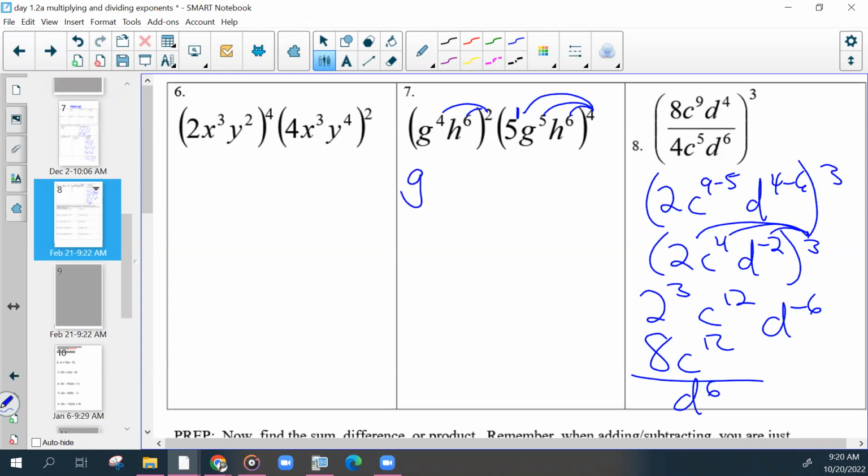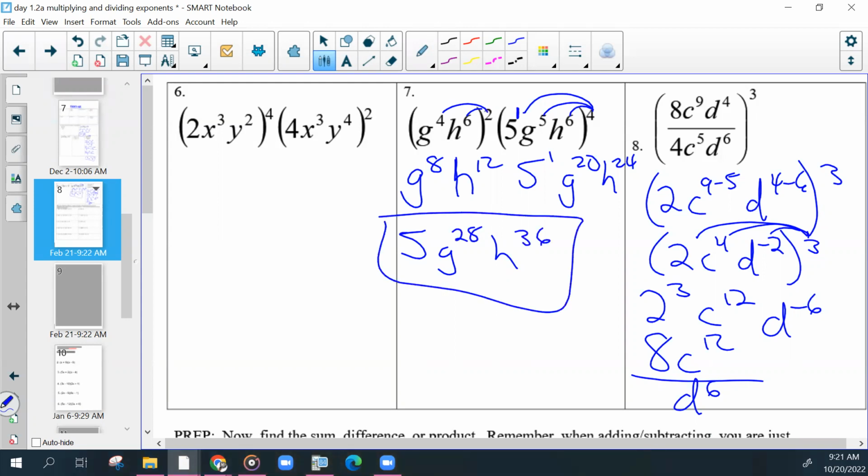So this would be G to the 8th, H to the 12th, 5 to the 1st, G to the 20th, H to the 24th. Make sure this is in standard form, so your number has to go in front. 5 to the 1st is just going to be 5. Add your exponents. What would your new exponents of G and H be? 28 for G and 36. 5 G to the 28th, H to the 36.